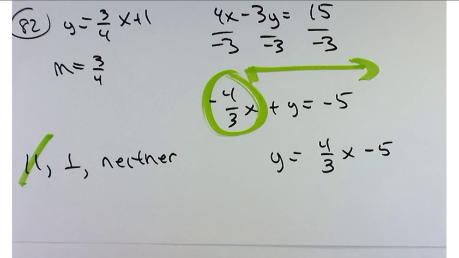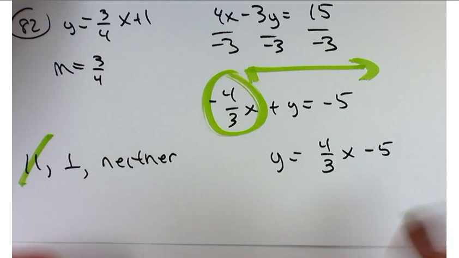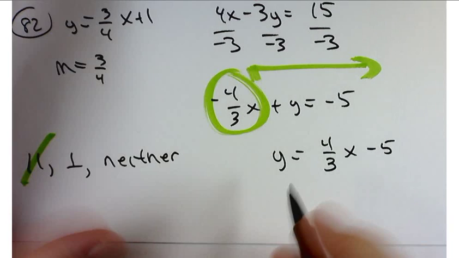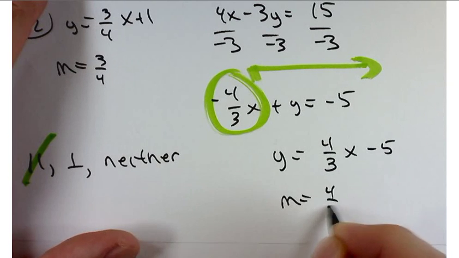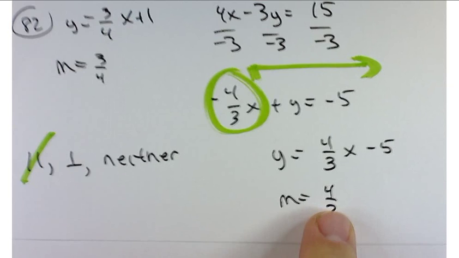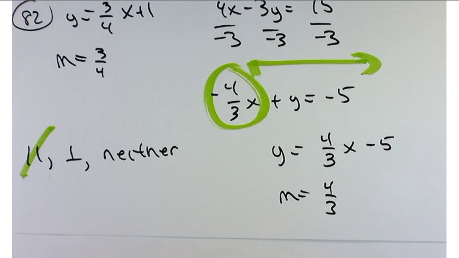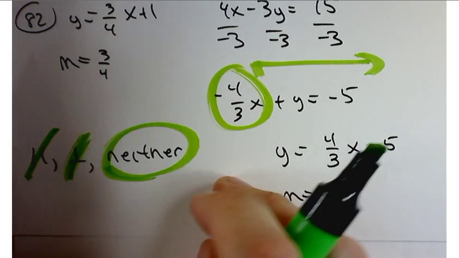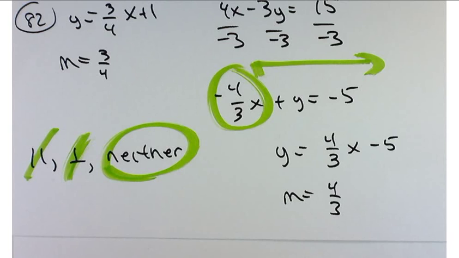Why not? What would the slope have to be here in order for them to be perpendicular? -4/3. So they're not parallel, they're not perpendicular. Guess what? Neither. And that's going to be the case for a lot of your lines, so that they're not going to be either parallel or perpendicular.